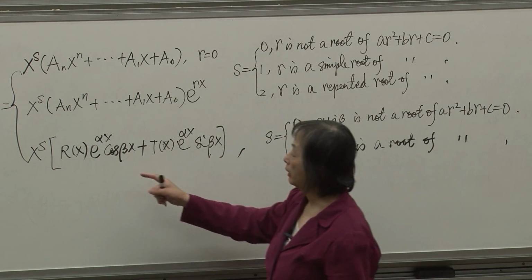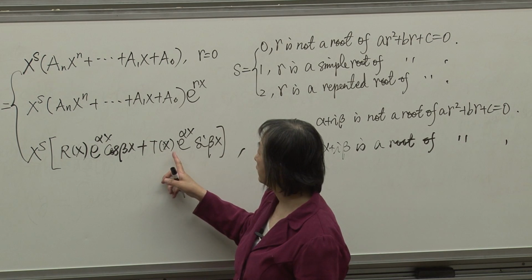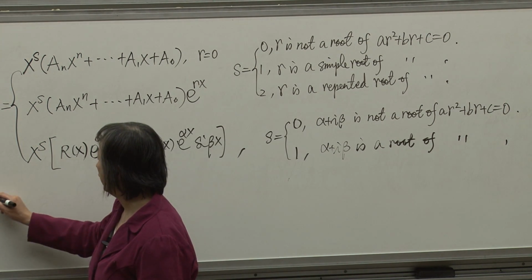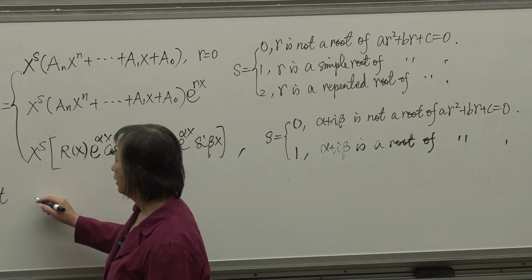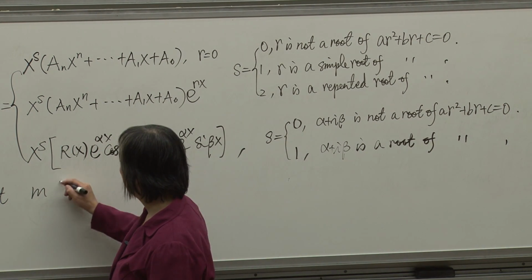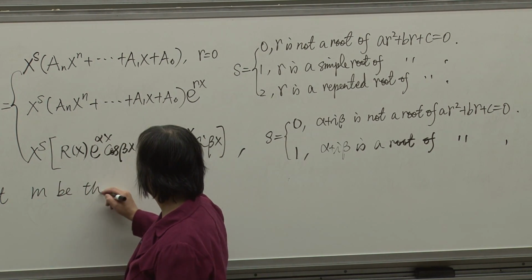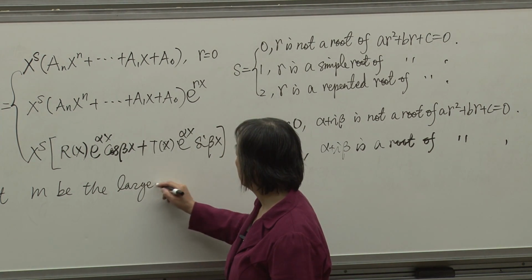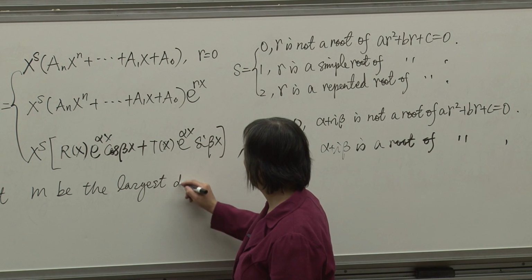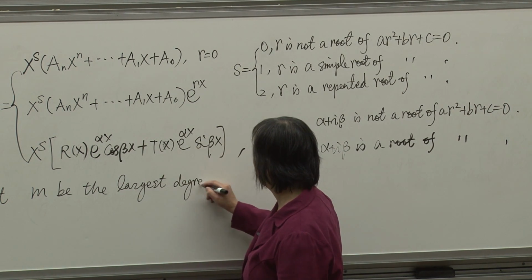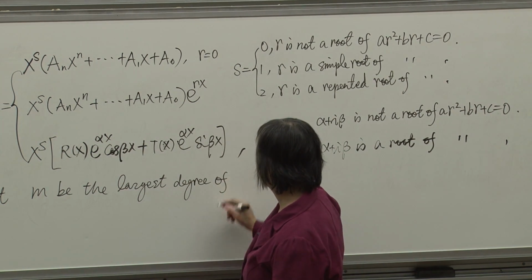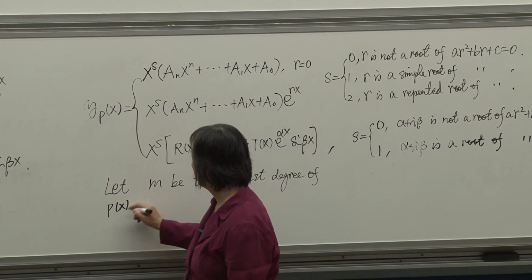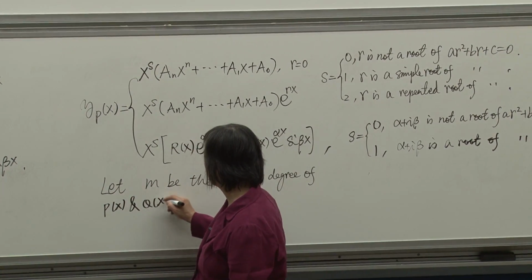Now, what should be r of x and t of x? So we let m be the largest degree of the two polynomials p of x and q of x.